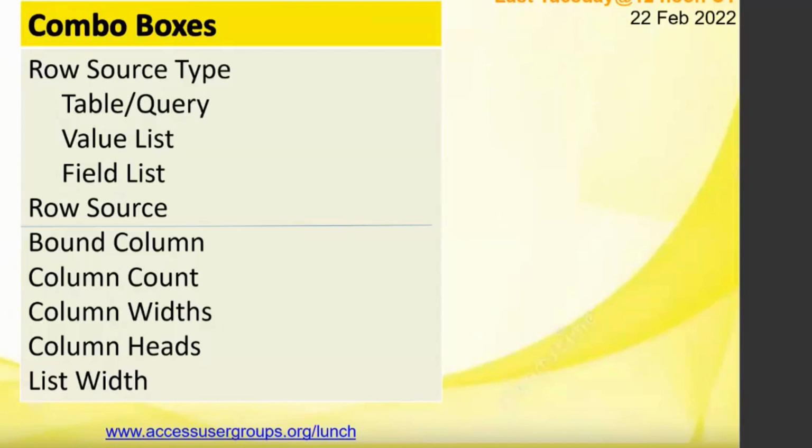That means if the bound column property is set to 1, then you are physically talking about the first column, as opposed to the bound column 0, which does not mean the first column. Bound column 1 does mean the first column. Hopefully that makes sense, but it is a little bit confusing if you don't explicitly know about the difference in that.